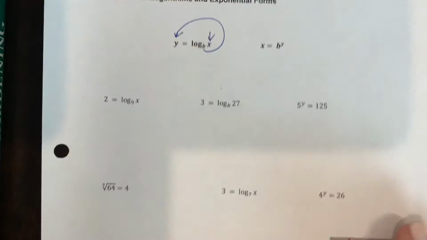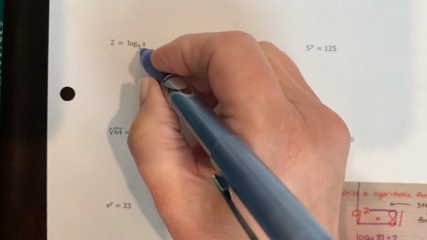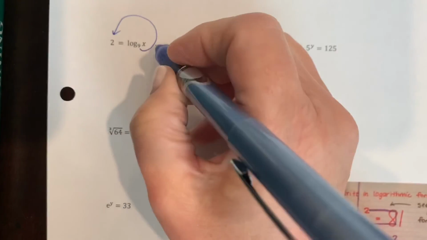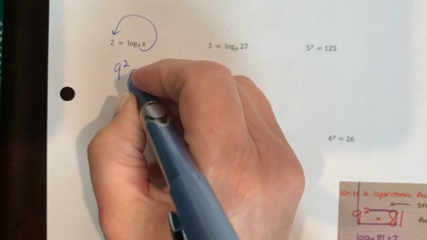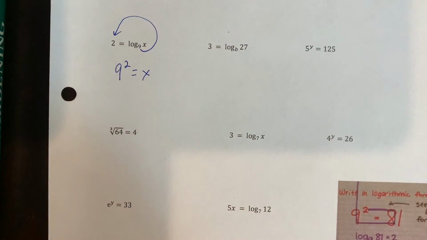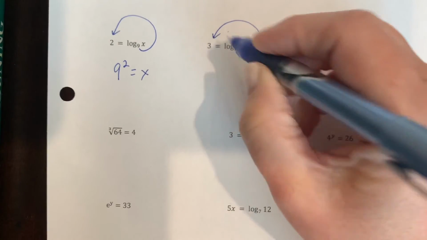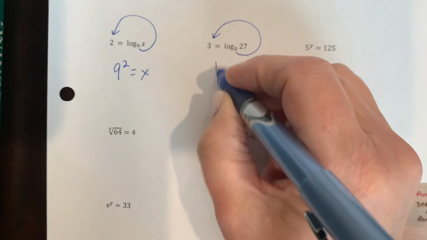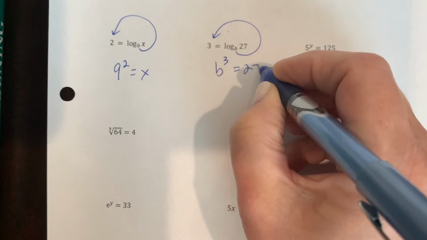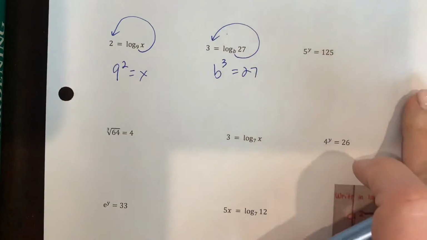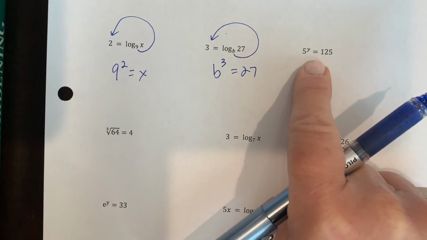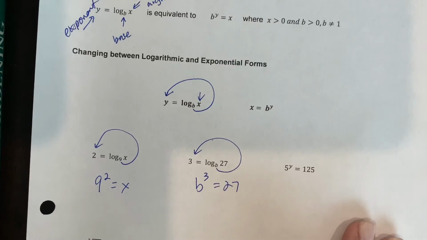Okay, so let's just jump in. So 9 raised to the 2, so 9 squared equals x. Then this one, b to the third equals 27. Now, they're giving it to you and they want you to change back and forth between logarithmic and exponential.